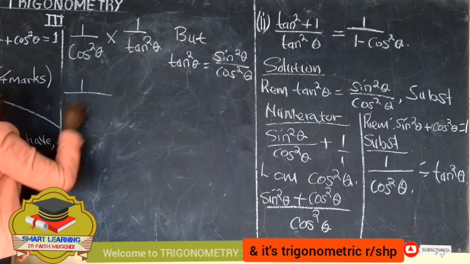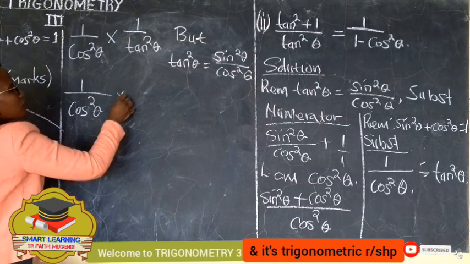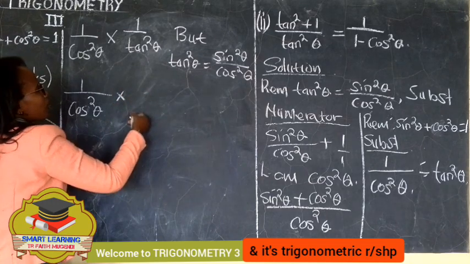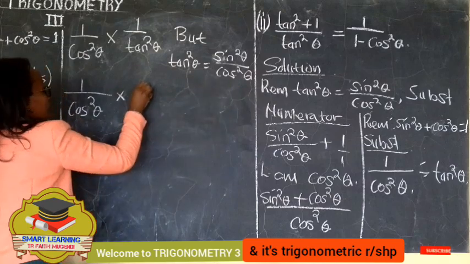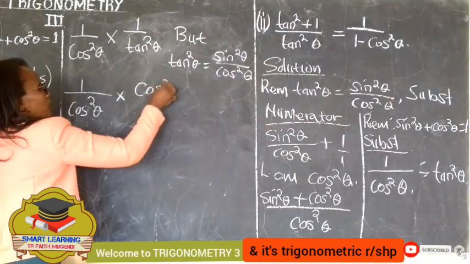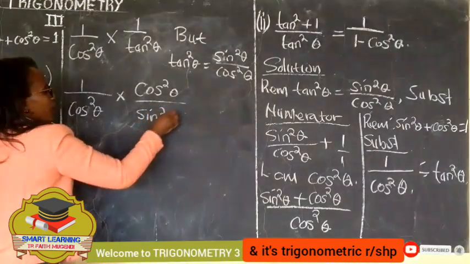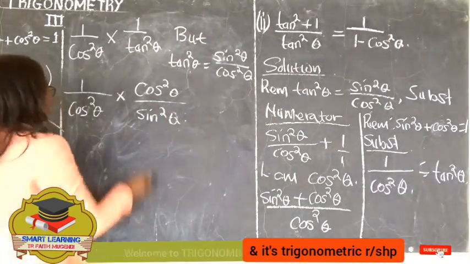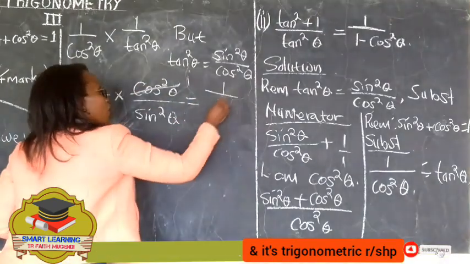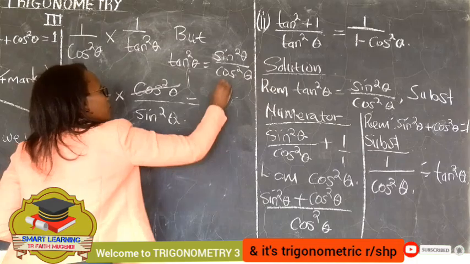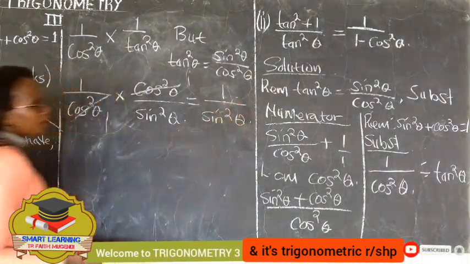We shall have 1 over cos squared theta times 1 over tan squared theta, or sine squared theta over cos squared theta, which is the same as cos squared theta over sine squared theta. So this goes with this, and we are left with 1 over sine squared theta.